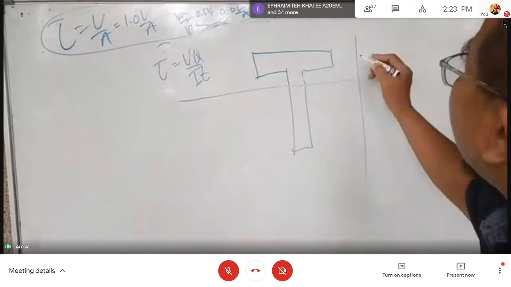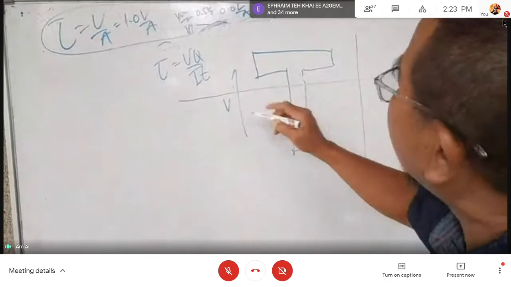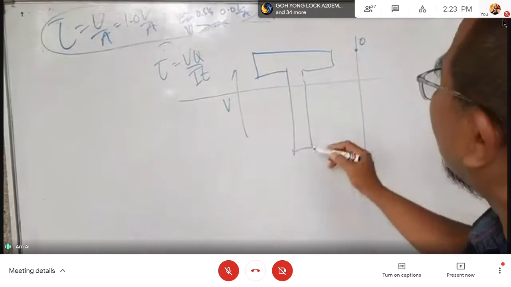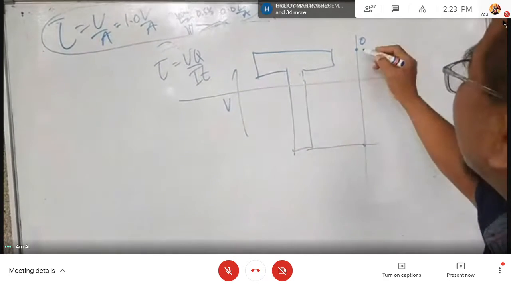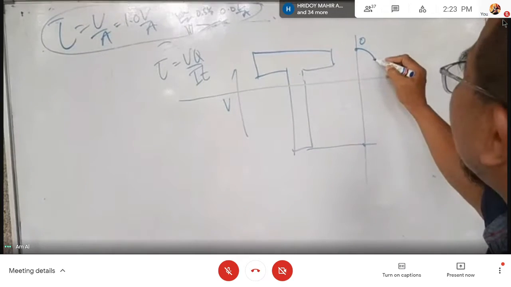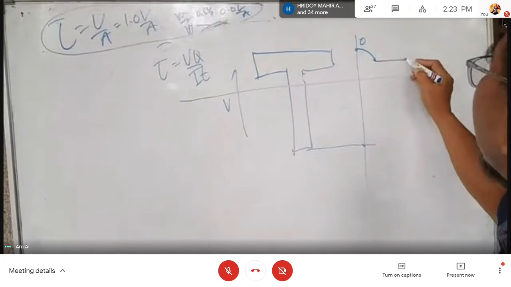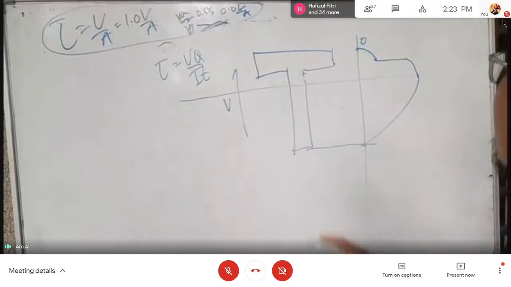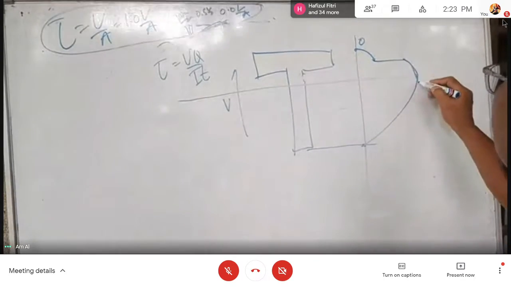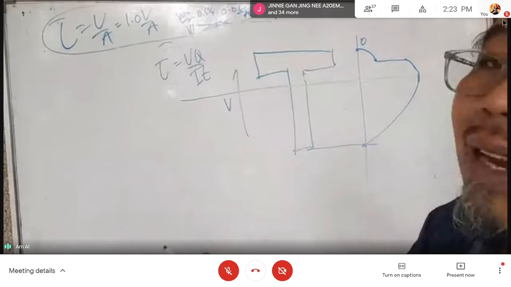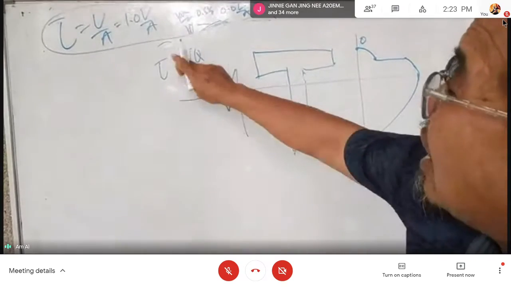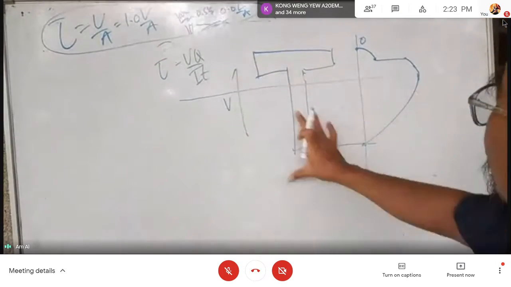I know that if the value of V is like that, this here must be 0, and here must be 0. This one goes up, increases there, and then there's a jump there, increases up there, and something like that. You must understand the system of graphing, so that when you see the equation, you can see the profile of the answer.